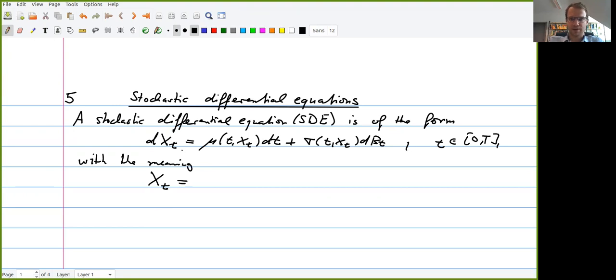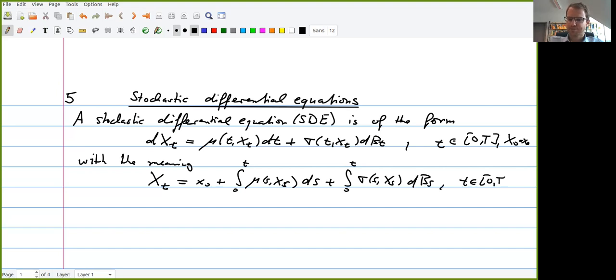If we integrate the left-hand side in time, we get just X_t, and then the right-hand side becomes, I have to assume that there's an initial condition, so that I start at a point x0, which is a constant. And then I integrate from 0 to t of mu ds, with respect to ds. And then I have the stochastic integral of sigma with respect to the Brownian motion.